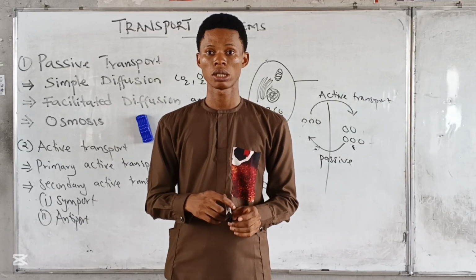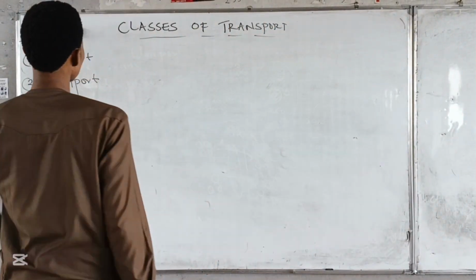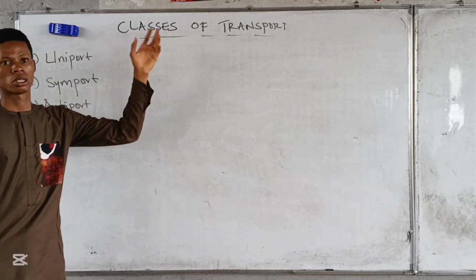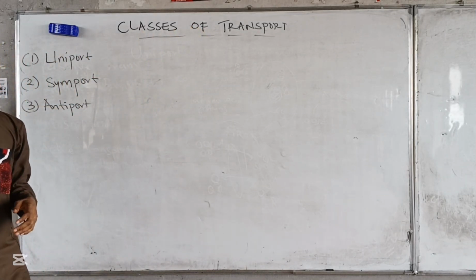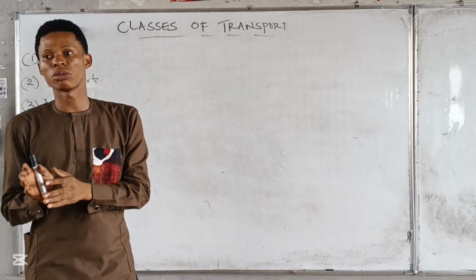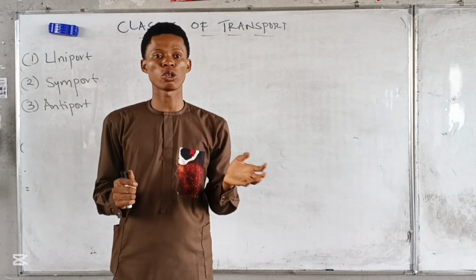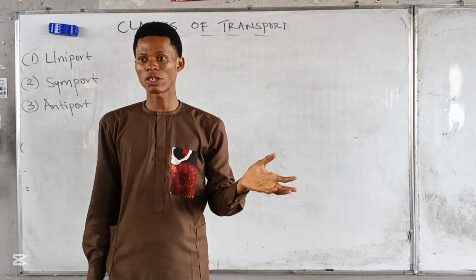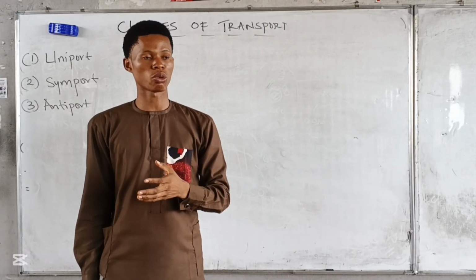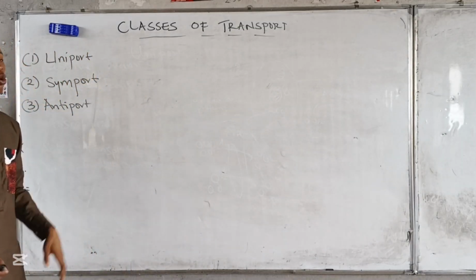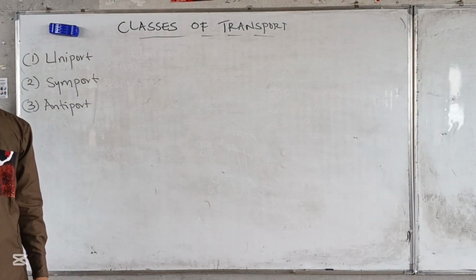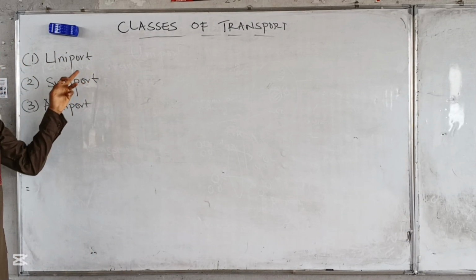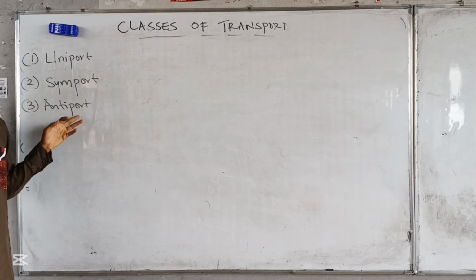Do you understand? Alright, so let's look at the classes of transport. The classes of transport are very different from the types of transport. The types of transport are active transport and passive transport.